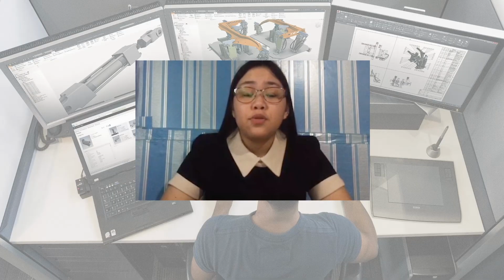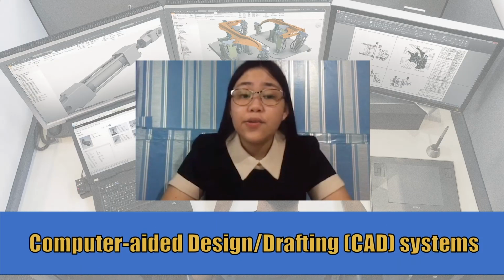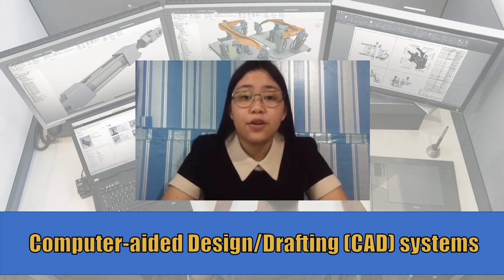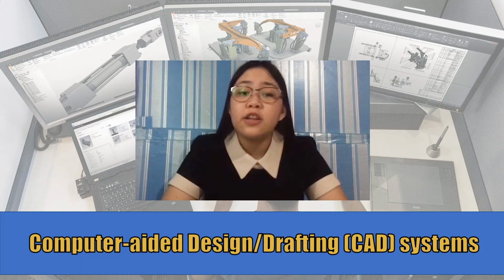But as time goes by, technologies emerge, and they created a new phase of change in the engineering design process. This new way of designing is called computer-aided design or drafting systems, or simply CAD, which is defined by Bertoline 2009 as computer software and related computer hardware that can make any technical drawings virtually.